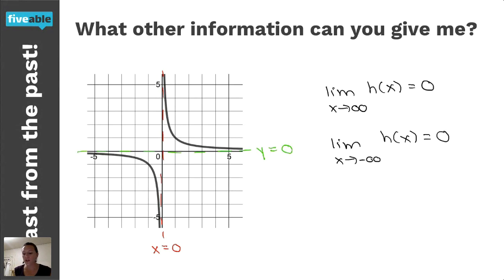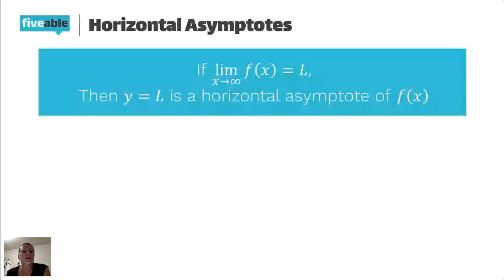So here's what we can now say. If I have a limit as x approaches infinity of f of x and it equals L, some number L, then I can also say that y equals L is a horizontal asymptote of that function.